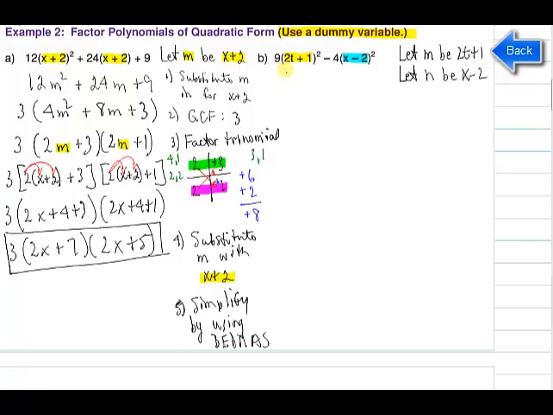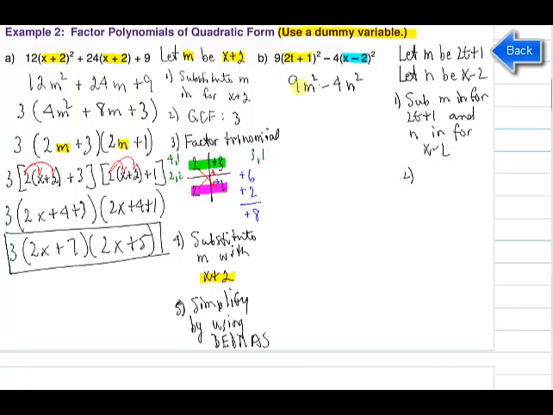Okay, so that's going to give me 9m squared minus 4n squared. So at your first step, you are going to sub m in for 2t plus 1 and n in for x minus 2.